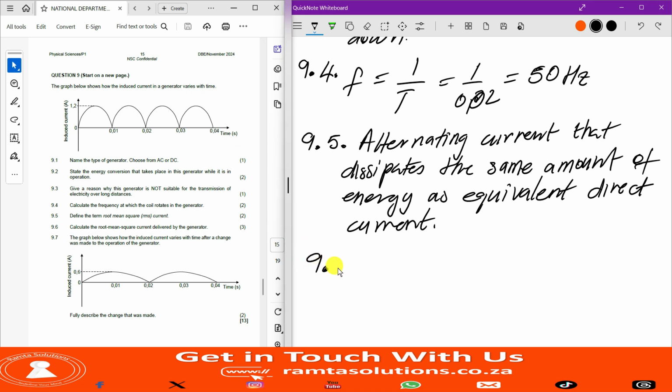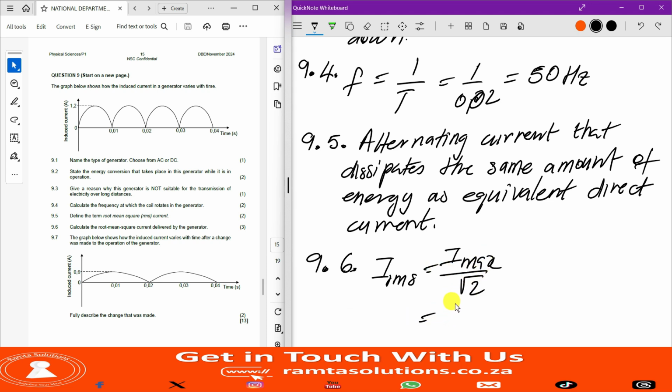9.6, let's go to 9.6. Calculate the root mean square current delivered by the generator. You can see here the maximum current is 1,2. So root mean square current is equal to maximum current over square root of 2.